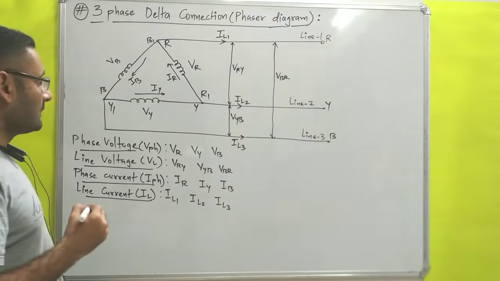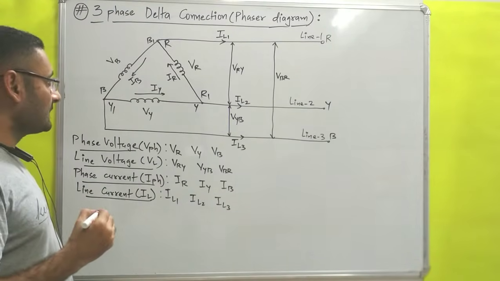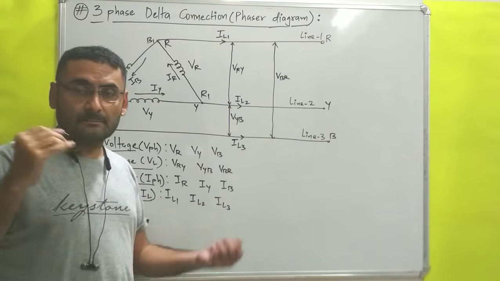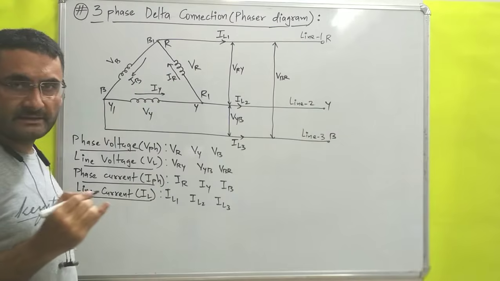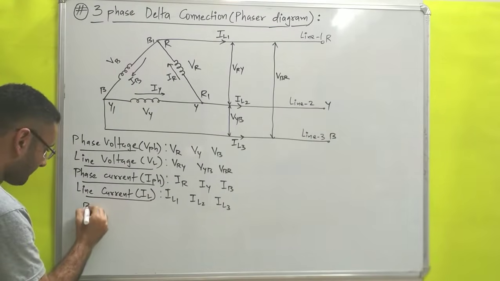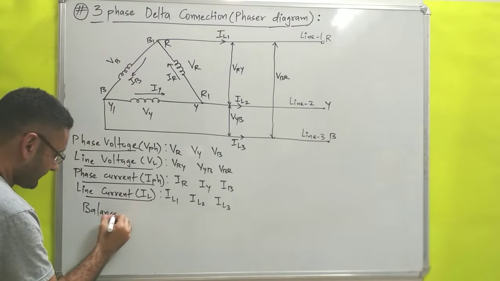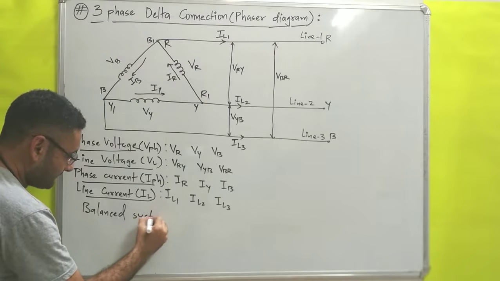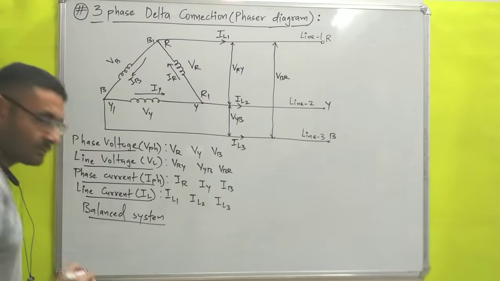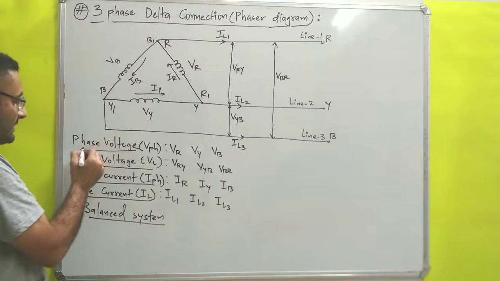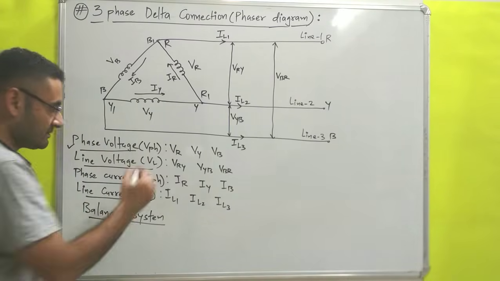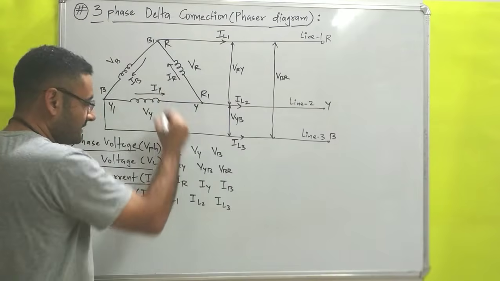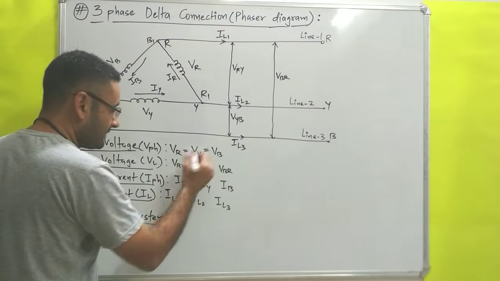So first we will take a balanced system. Whatever delta connection we have taken is our balanced system. And for a balanced system, we know one thing: the phase voltages are equal in magnitude. So for the balanced condition in delta connection, the phase voltages are the same.